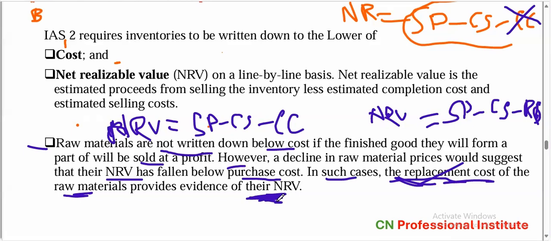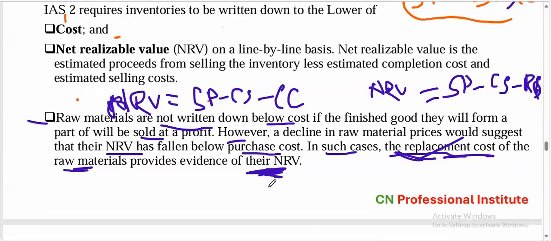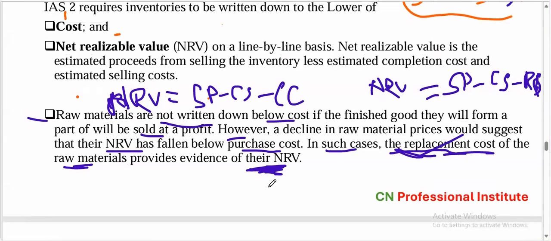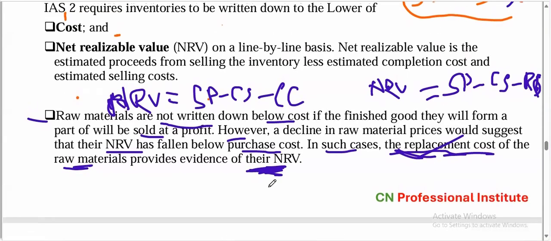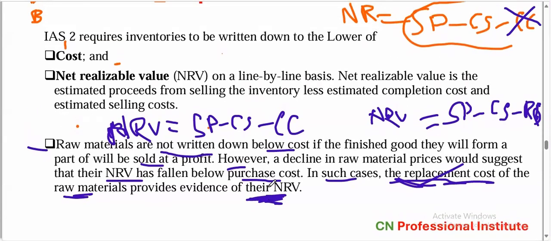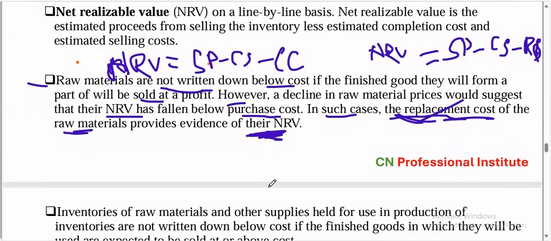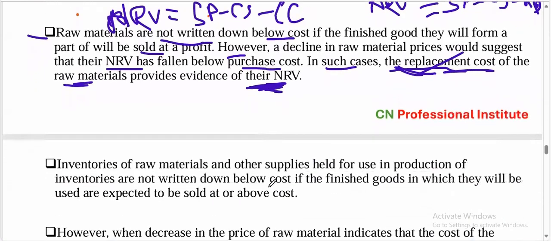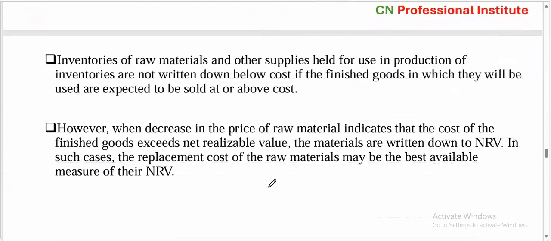So the standard is saying if we realize that there's a decline in raw material prices, then we have to use the NRV to value it. And don't forget that if the finished goods that these raw materials form part of will be sold at a profit, then you should never value the inventory below their cost. That's the same thing here.